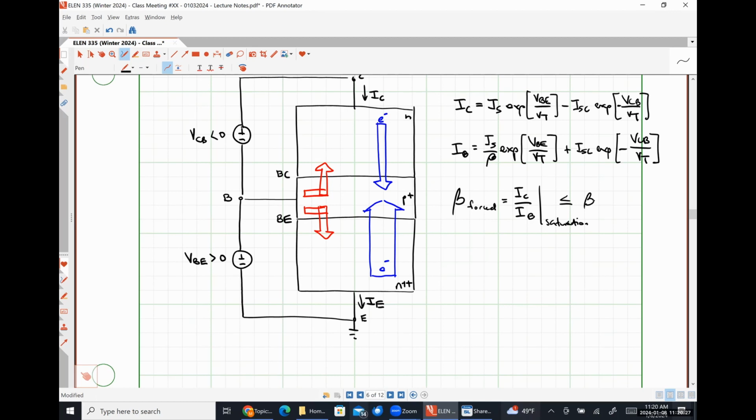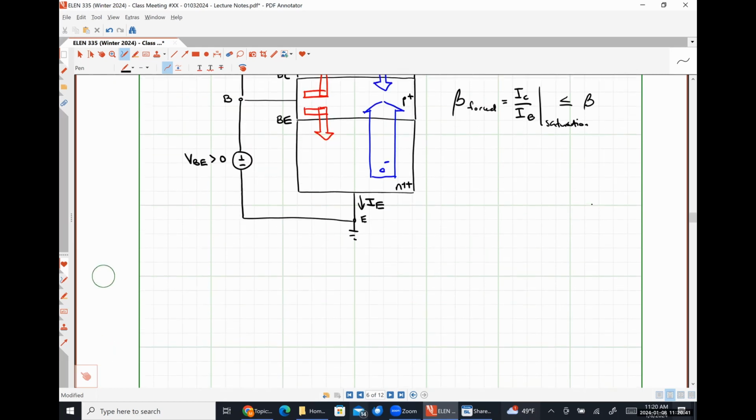All right, so since a forward bias junction does not carry a significant amount of current until the forward bias voltage is much greater than our thermal voltage, we are going to get a curve that looks something like this.